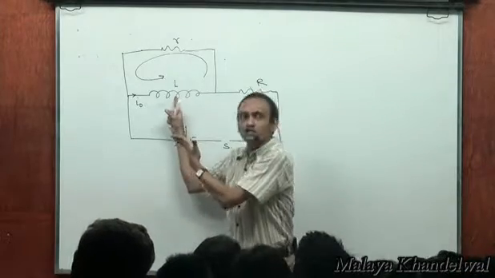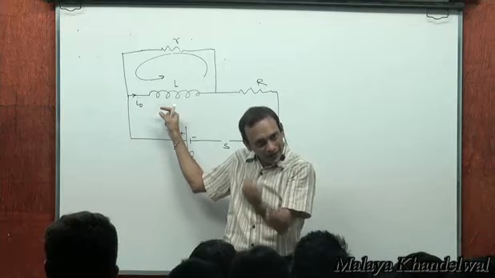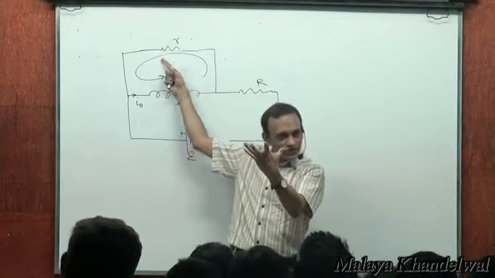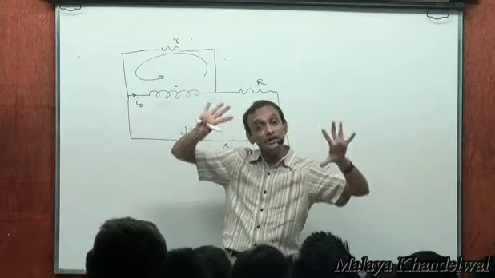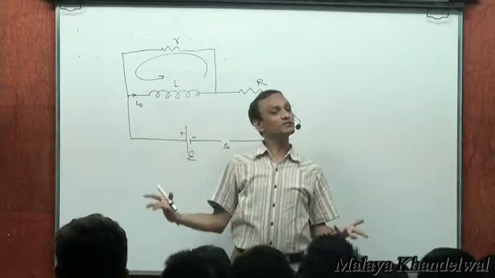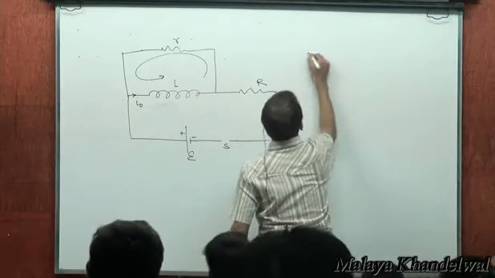It will come at the behest of the energy half L I naught squared here. So this will get depleted and appear as Joule heating across this. So current will decrease. T seconds from this instant, let's say the current becomes I.